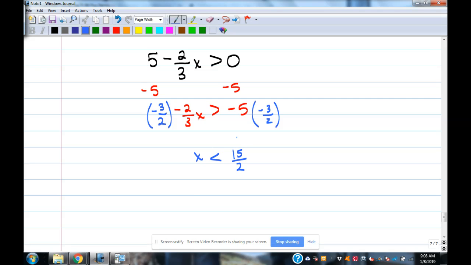Flip your symbol. And do leave that as a fraction. Don't change it to a decimal or a mixed number. We're in college now. Set notation. Let me take care of that one. What's the interval notation?